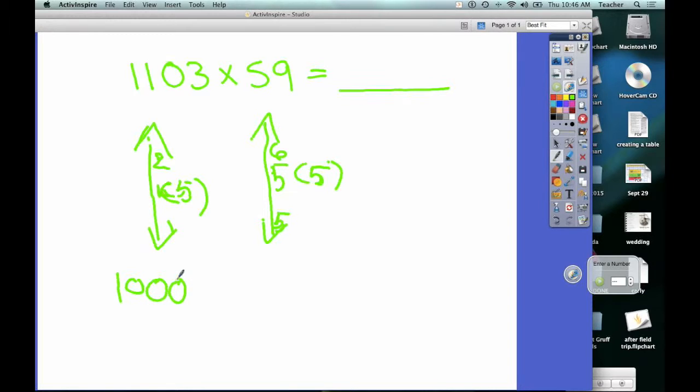Then we come over here, and then we look to see if the 9 is less than 5 or greater than 5, and it's bigger than 5, so that becomes 60. And then we do 6 times 1, that equals 6. Then we add 4 zeros to it. $60,000.